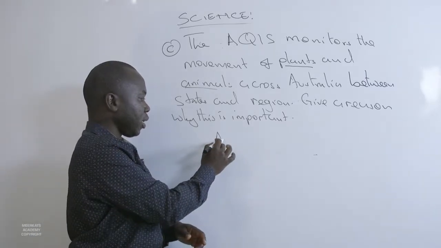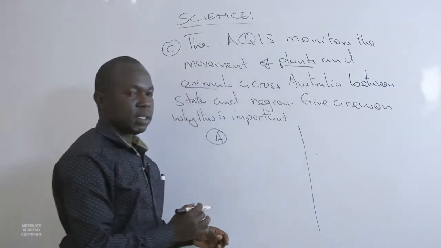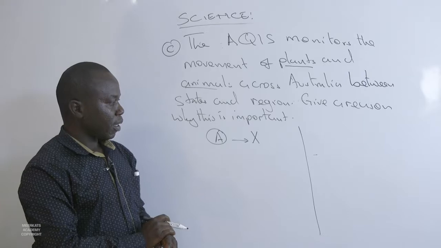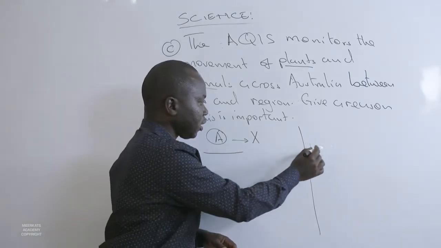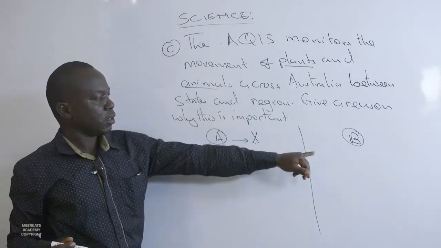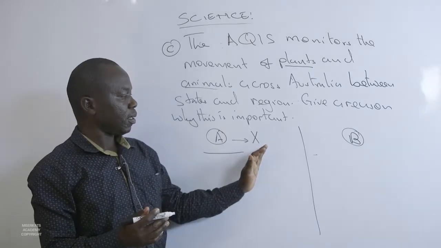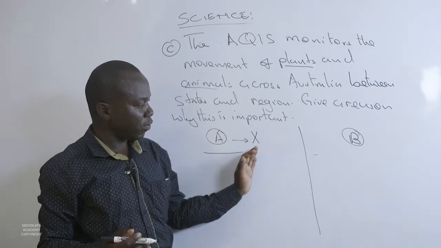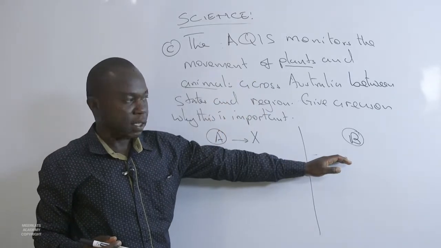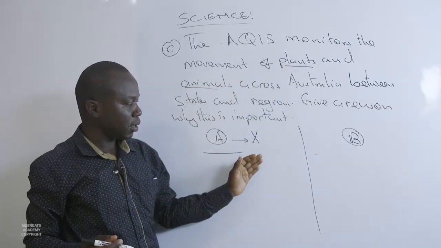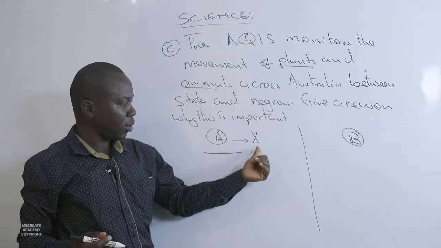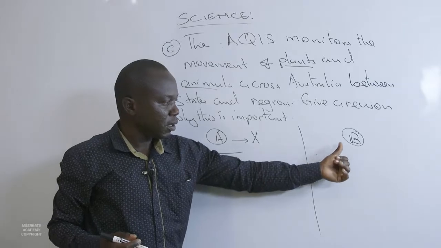So if a region A is infested with the disease X, and you want to prevent the disease from crossing to region B, then there must be very strict ways of preventing the crossing of plants, animals, and their products to such an area, because they could be contaminated and spread the problem from region A, which is infested with disease X, to that part.